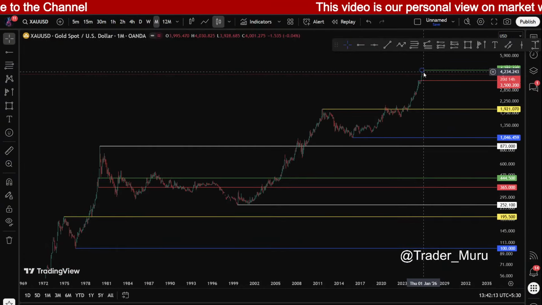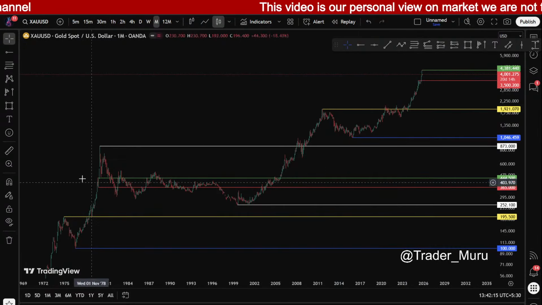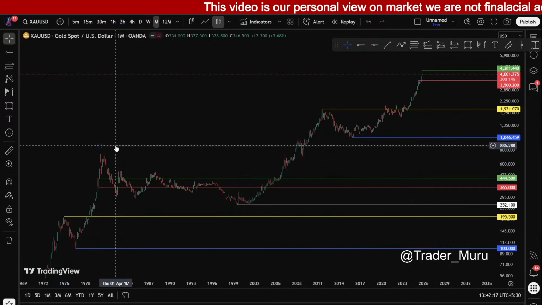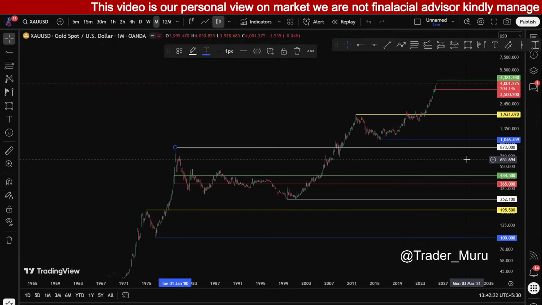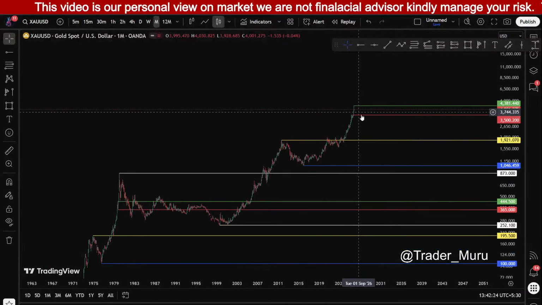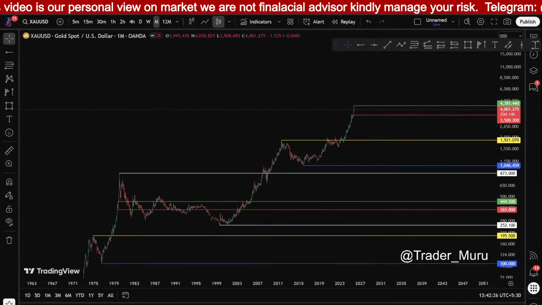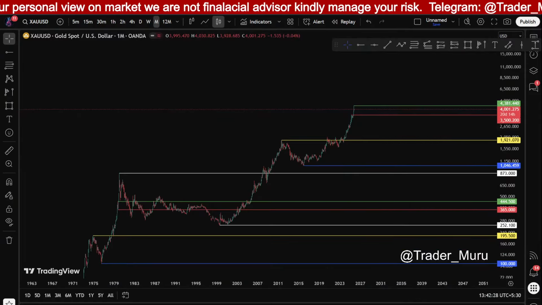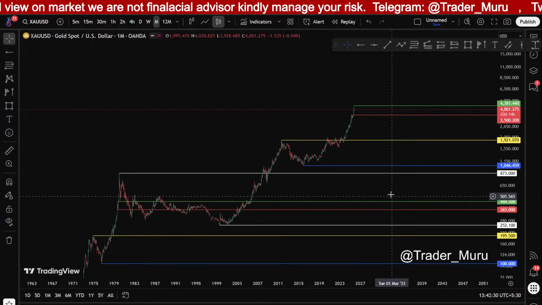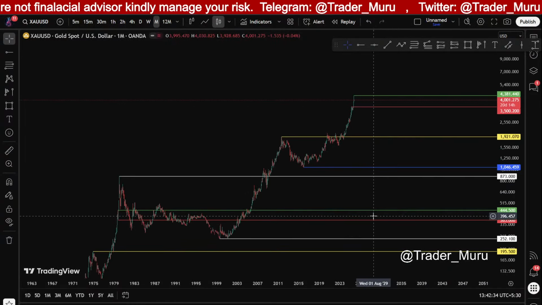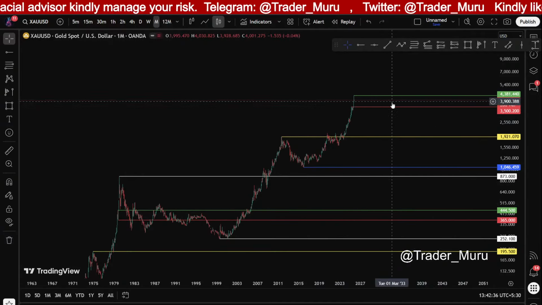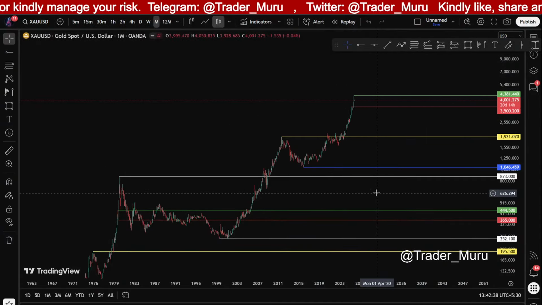From this zone, if it gets retested, the next target can be around 8073. Just match the color whichever way I call it.